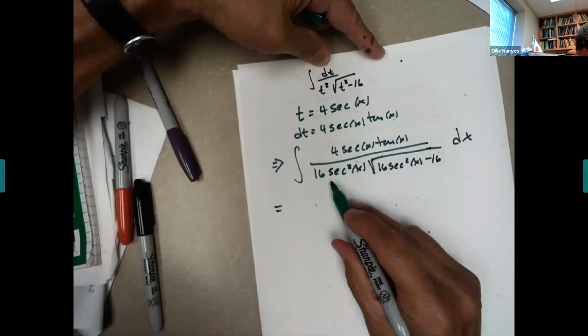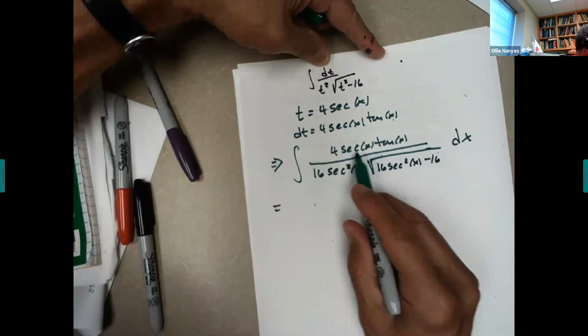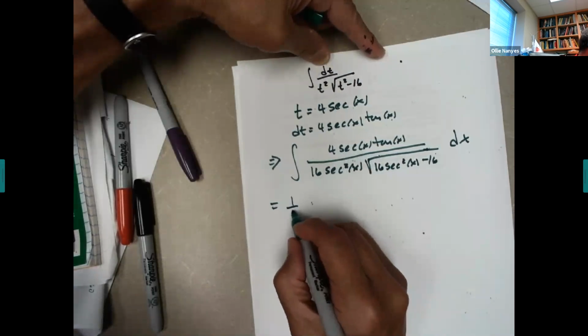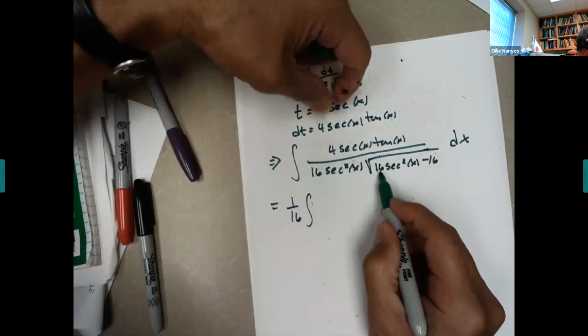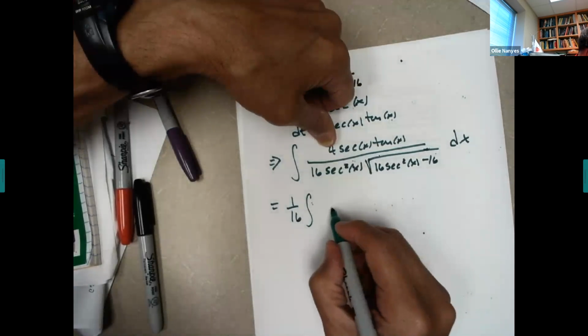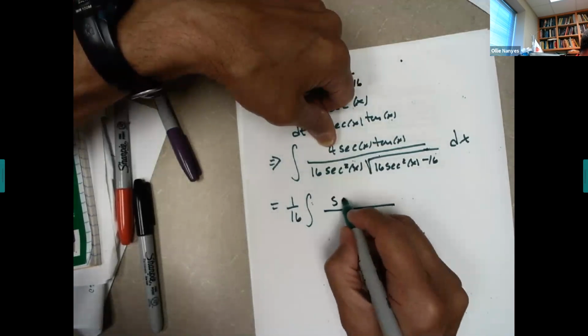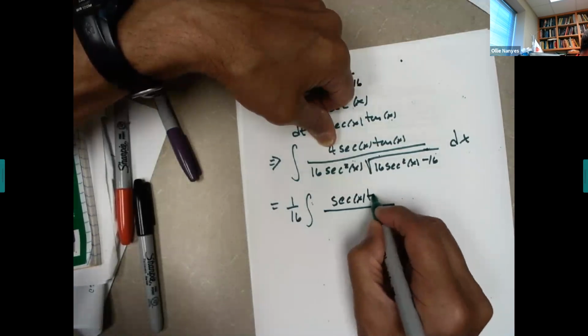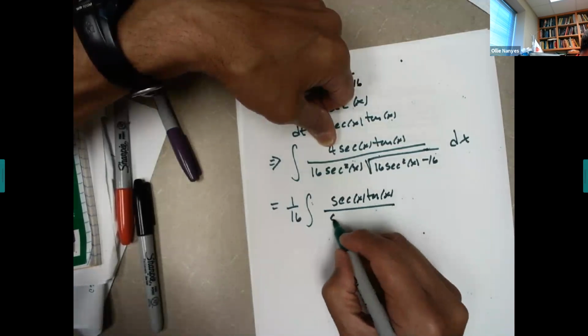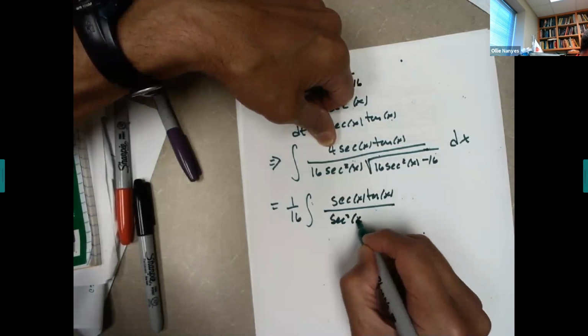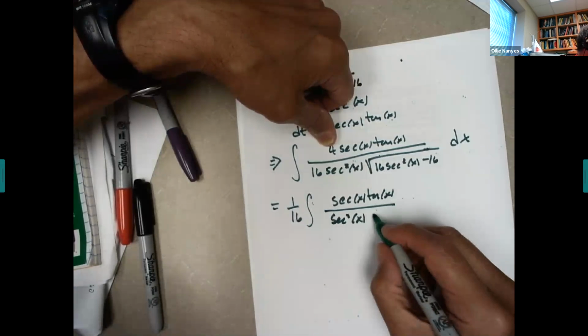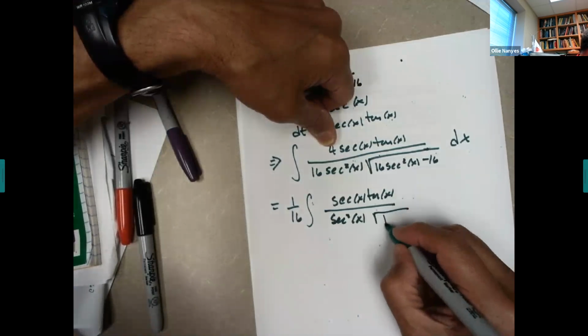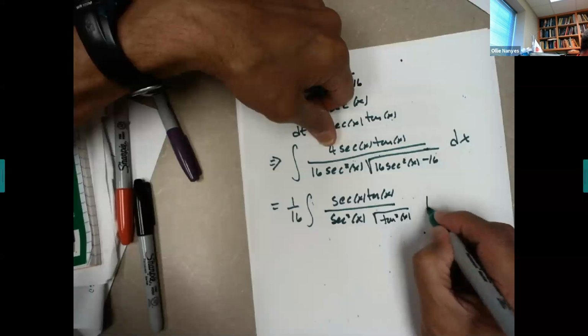The 16 outside turns into a 4. That 4 cancels that, so this is a 1 over 16. We have a secant x tangent x over secant squared x, and this is going to be the square root of tangent squared x.